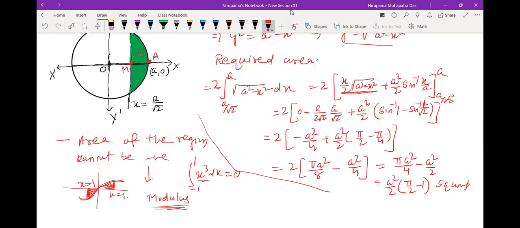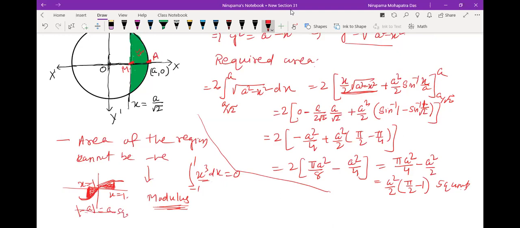But we cannot take negative here because area cannot be negative, so we have to take the modulus, the absolute value of whatever you are getting. Suppose this is a square units and this is minus a square units; we cannot write minus a square units here. We have to write modulus of minus a, that is a square units.